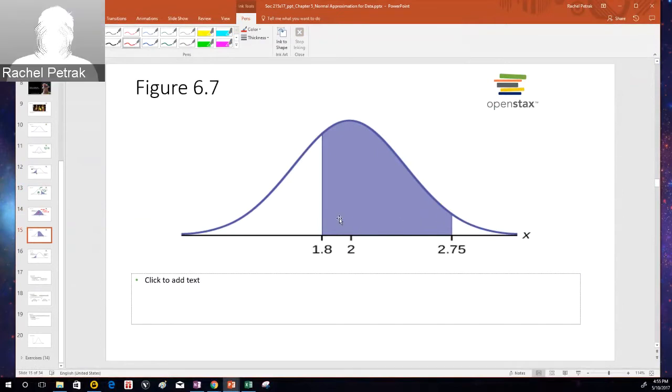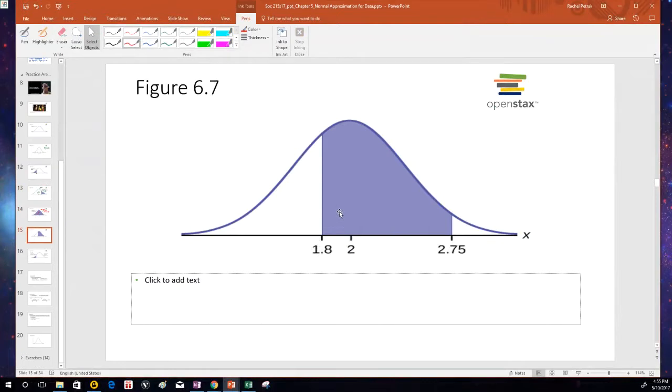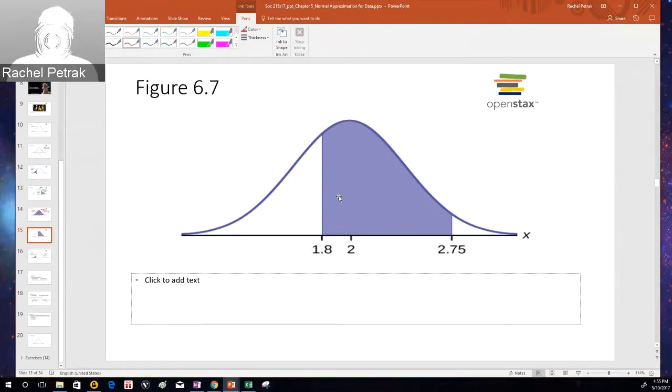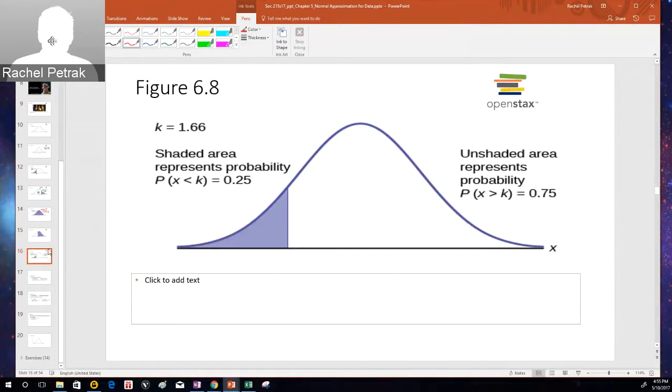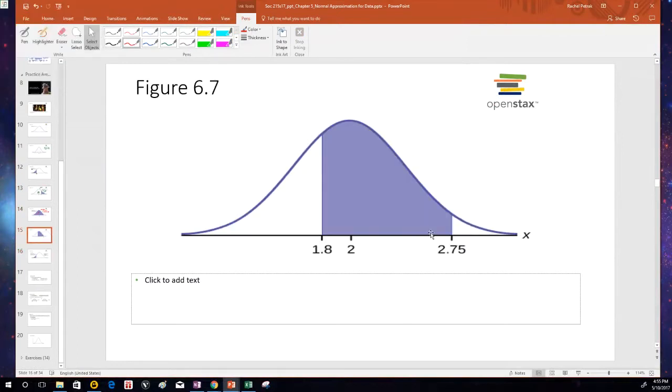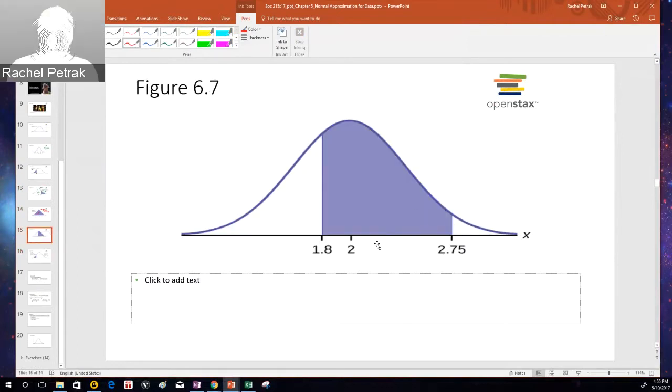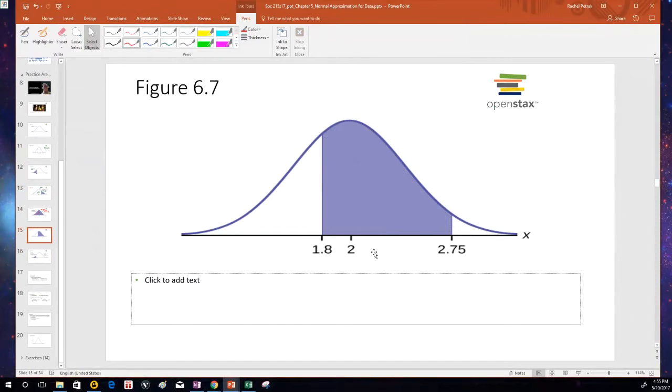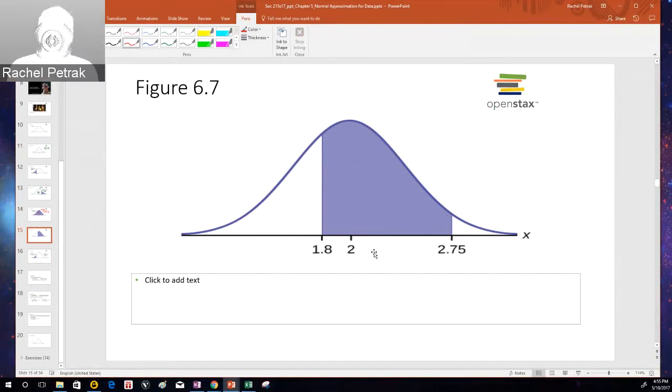and their corresponding proportions. We're missing a piece of information here that we need to convert these scores, or to know what these proportions are, because they've plotted here for us the raw scores, but we don't know what these z-scores are.